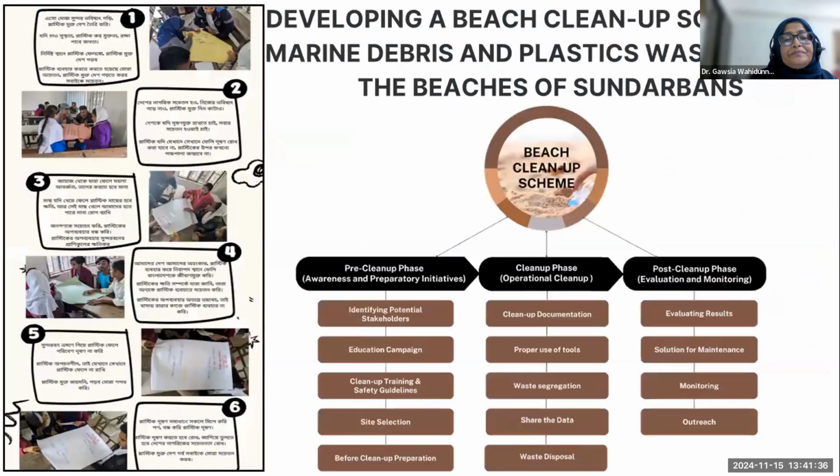And this slide shows that, as part of this project, we also engaged the communities to design and develop the beach cleanup scheme for Sundarbans. We helped them get together, and with their knowledge we designed a realistic beach cleanup scheme, and we arranged two or three beach cleanup campaigns in Sundarbans.